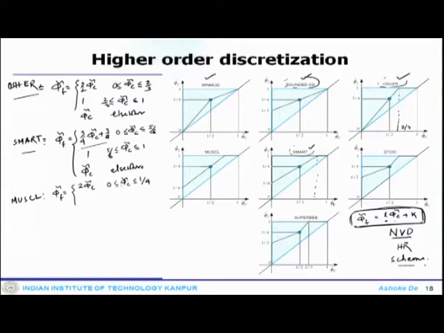That means between here and here, this is the 2 phi c slope. Then it is phi c tilde plus 1/4 when phi c tilde lies between 3/4 and 1/4.